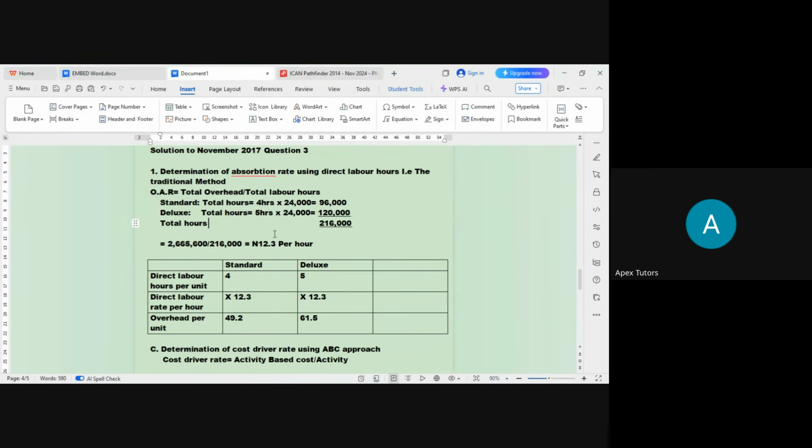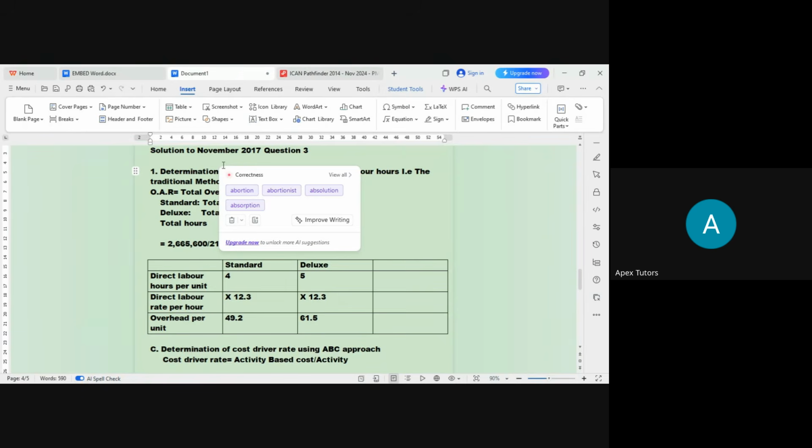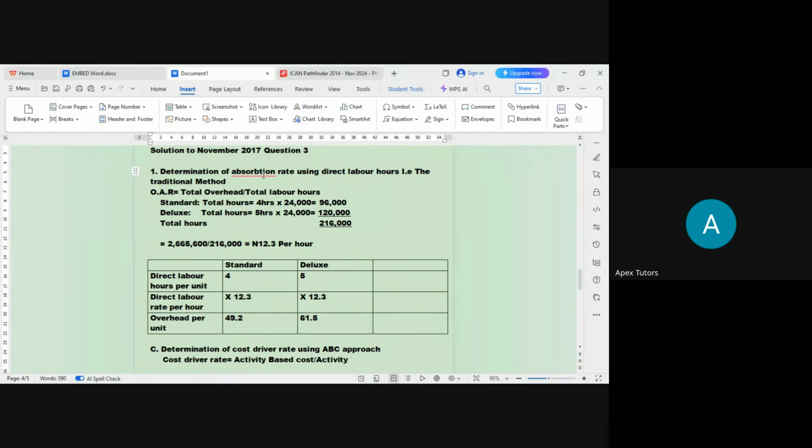Now, one thing is this is a learning process. Even when you try solving this one, you experience some hitches on the way. That is not to mean that you don't know it. You don't just pick a question and expect to solve it directly and start getting angry with yourself.